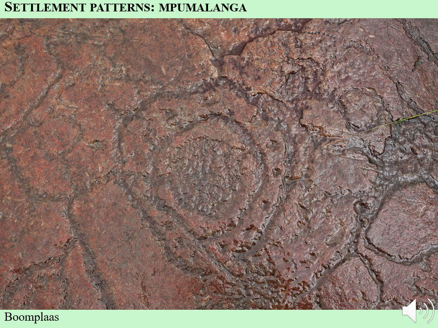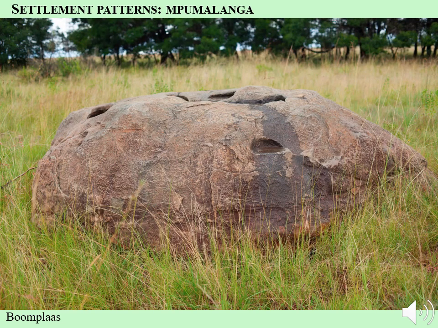The rock is wet, it's been raining, and you can see in the middle the cattle kraal and then the other settlements. What's really interesting about this site is how the boulders, which are large, these 2 or 3 meters long and maybe 1.5 meters wide, and they've used the entire rock to create a cluster of settlements.